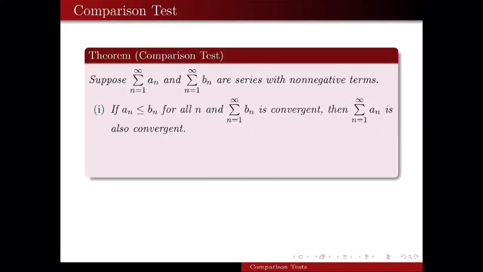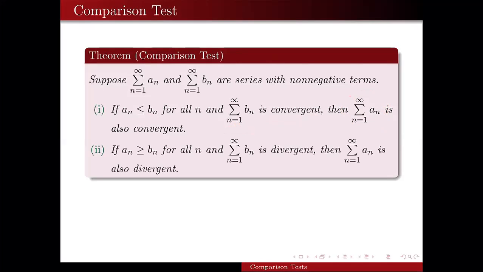Now let's have the other side of this comparison test. Suppose you now have a_n greater than or equal to b_n for all n, and then the series b_n is divergent. Then the series a_n is also divergent.